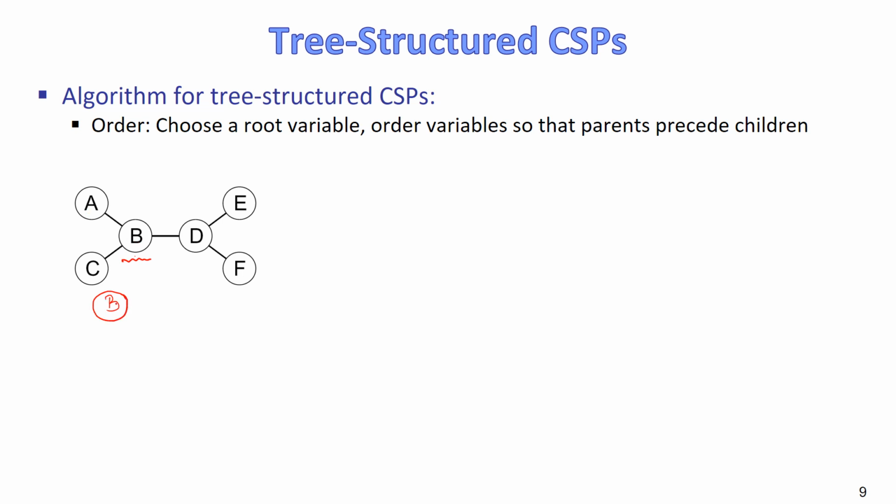Now B is connected to A and C. So when we shake the graph and put B at the top, of course A will be next, and then C. Then we have also D, and D is connected to E and F. That's a tree structure.